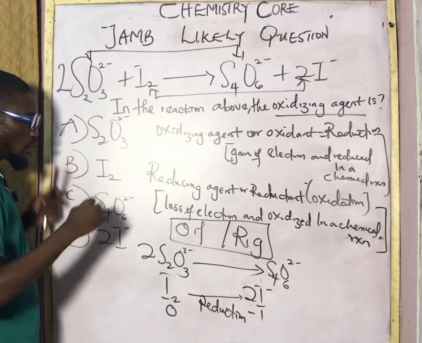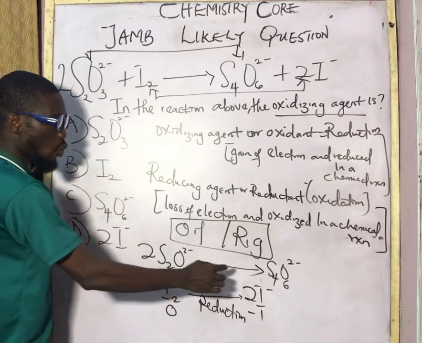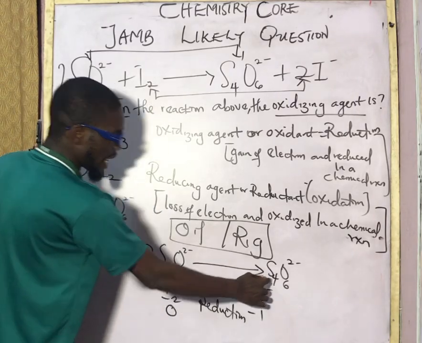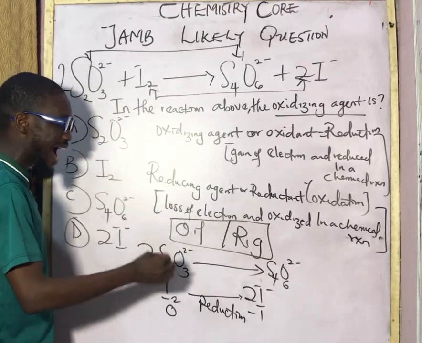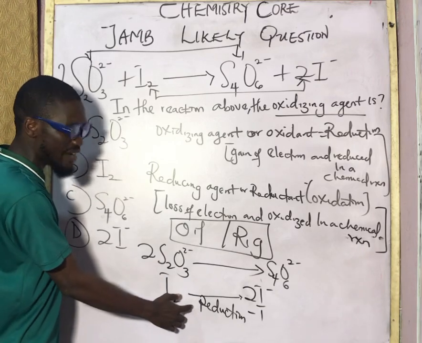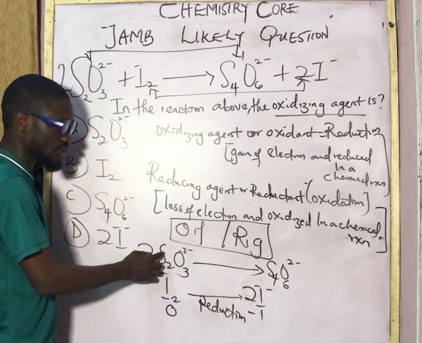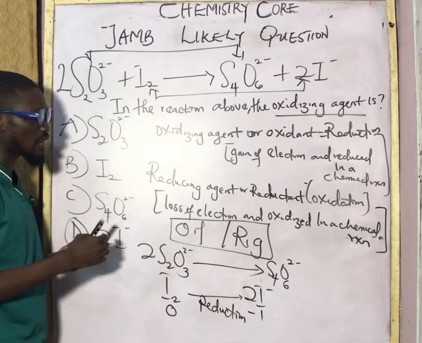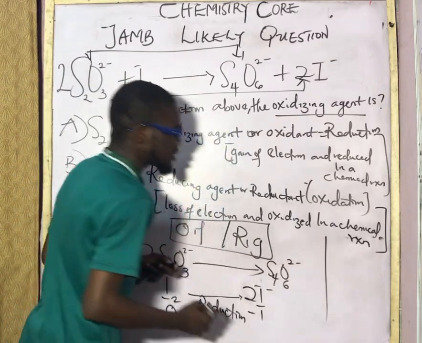Now, what is the oxidation state of sulfur here? Before we can tell why this is oxidation, because for the fact that we are having reduction here, automatically this will give us oxidation. In that case, let's calculate the oxidation number of those compounds respectively.